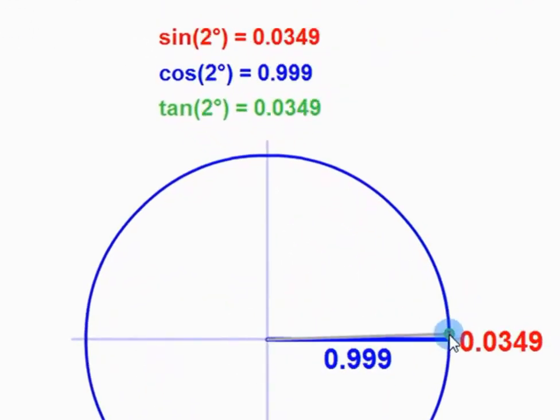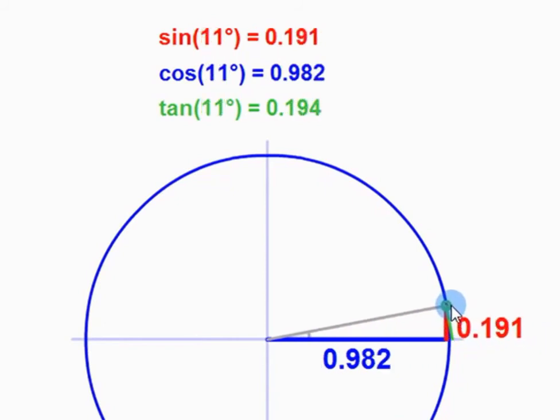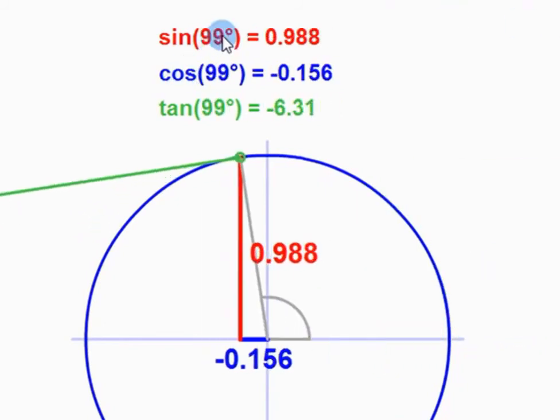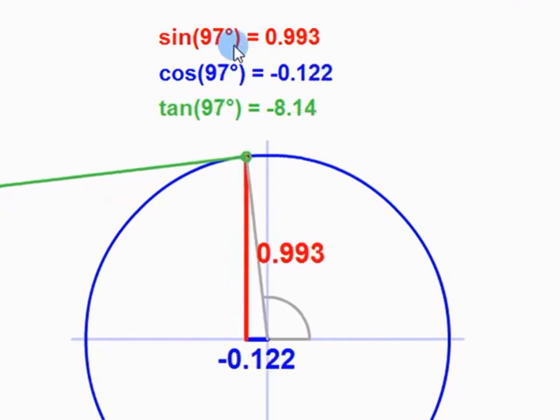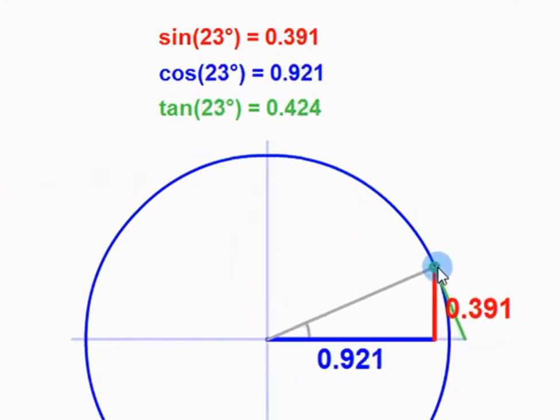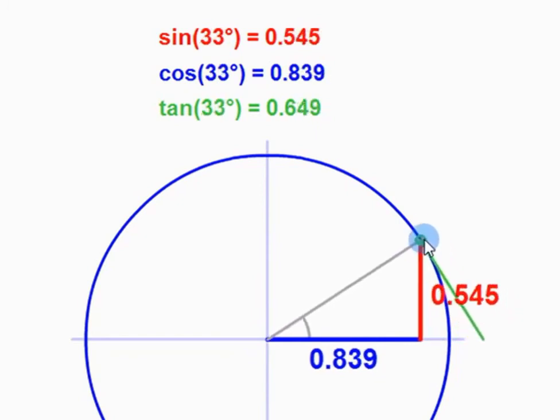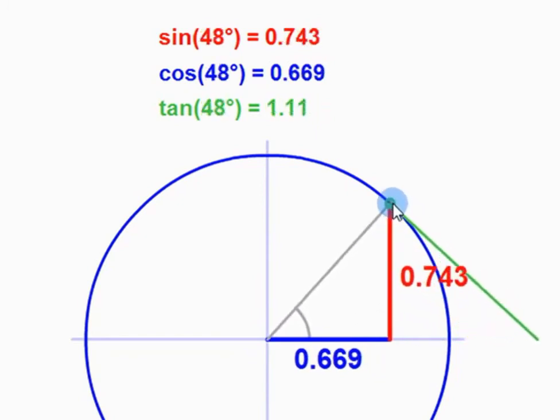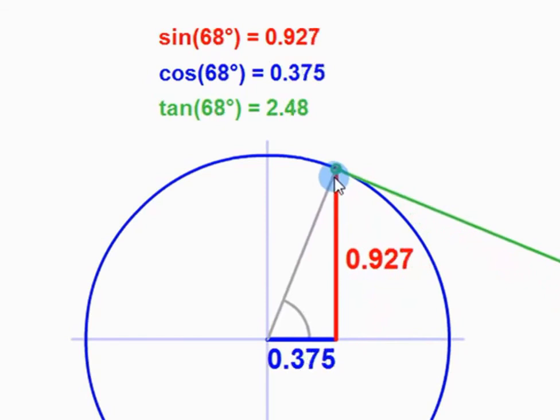So this little animation shows that as the angle increases, and it tells you what the angle is in this little bracket, the sine function, as in how big the opposite is compared to the hypotenuse, goes up.